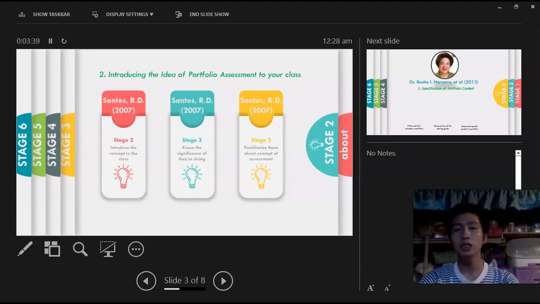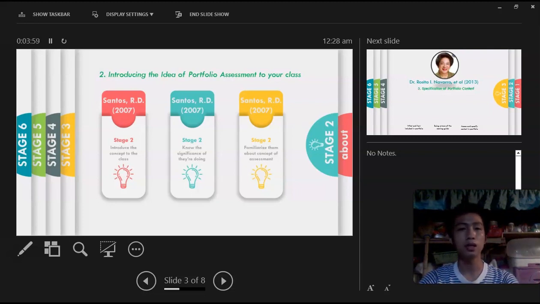So there's a $1 million question. How can the teacher effectively use portfolio assessment as an alternative assessment tool?